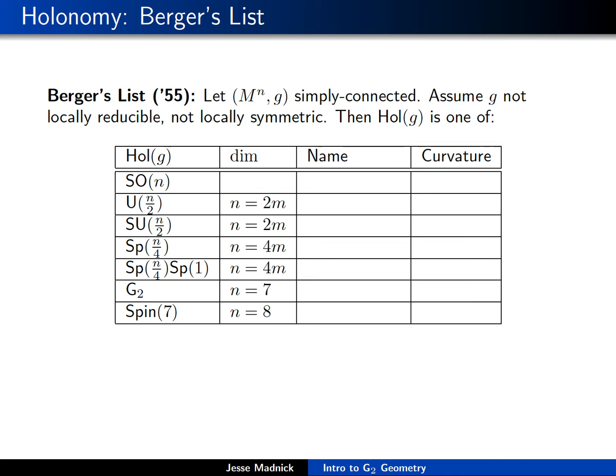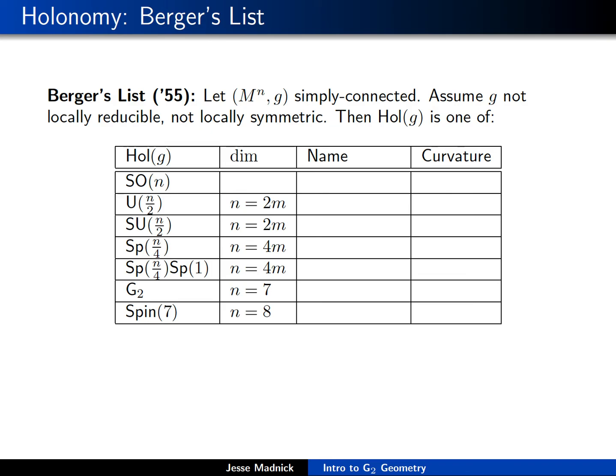But in fact, it's an amazing thing that all of these groups really do occur as holonomy groups of metrics. It took many decades for mathematicians to prove this. Many people proved over the course of some 30, 35 years that there are in fact metrics, and not just metrics, but complete metrics, and then later metrics on compact manifolds that have these holonomy groups.